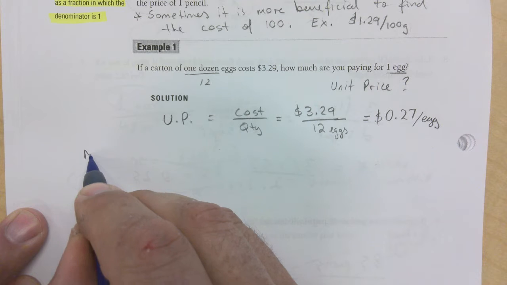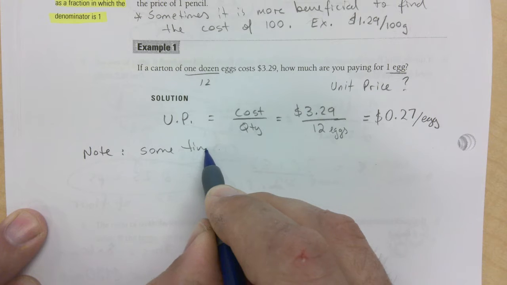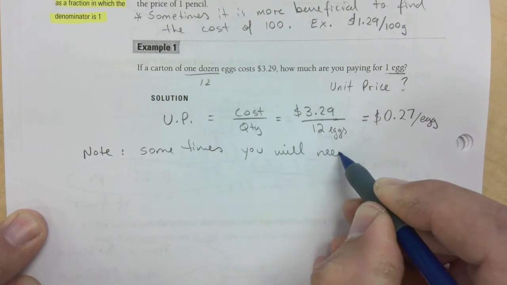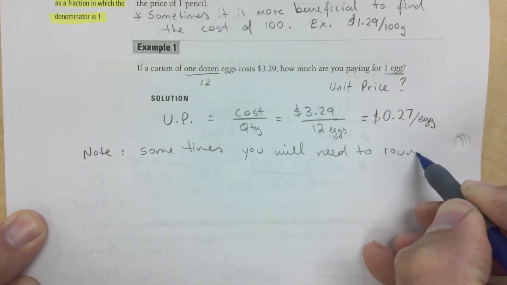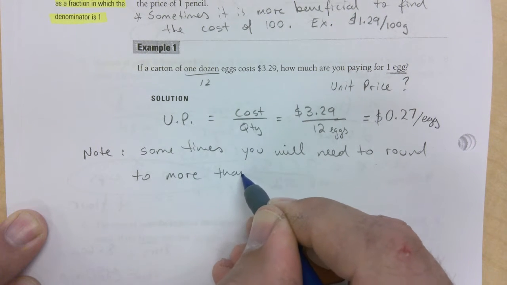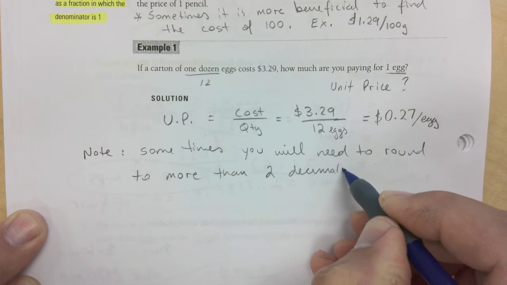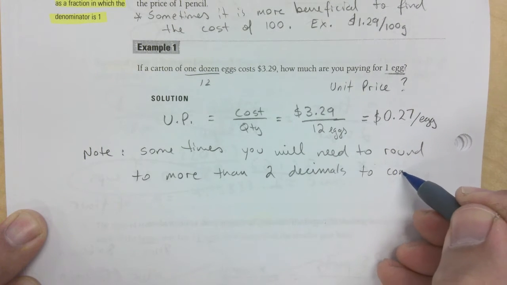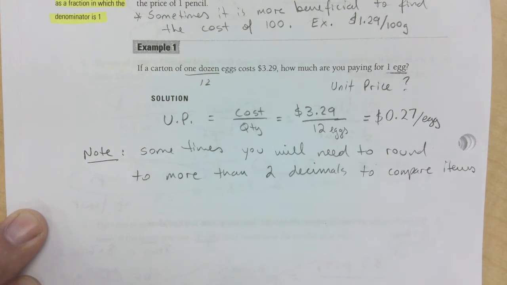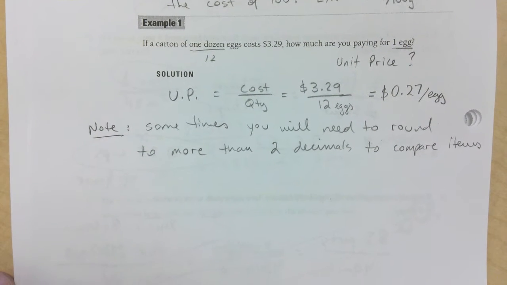Okay, so I'll make a note here. I'm going to teach you how to comparison shop and how to find out which store is indeed giving you a better deal, right?